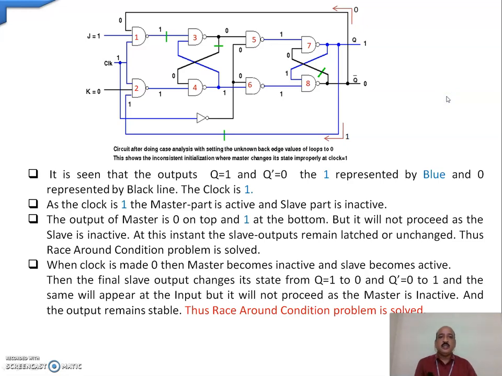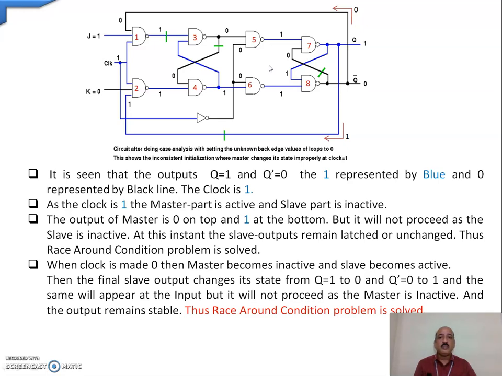It is seen that the outputs are Q equal to 1, Q bar equal to 0. The 1 is represented by the blue line and 0 is represented by the black line. As the clock is 1, the master part is active and the slave part is inactive.